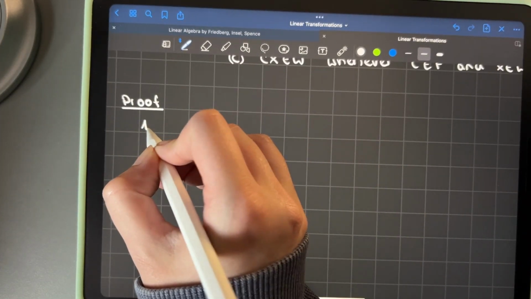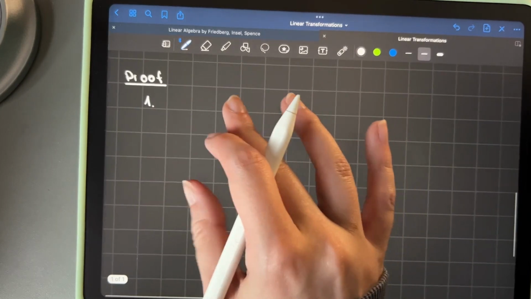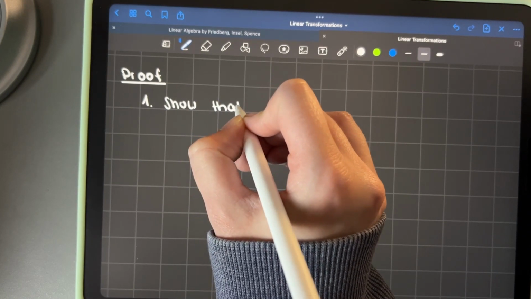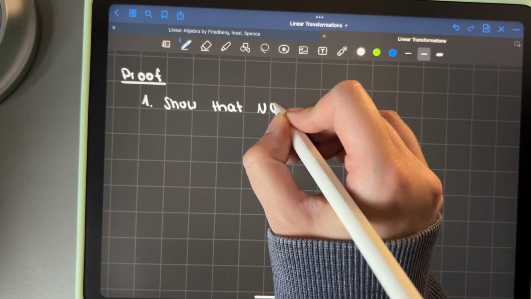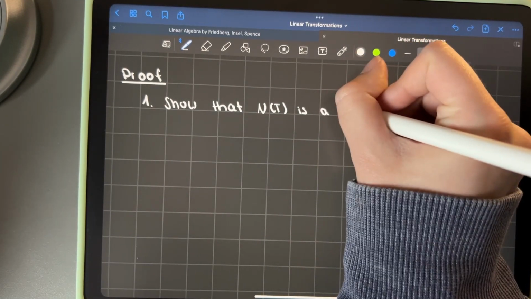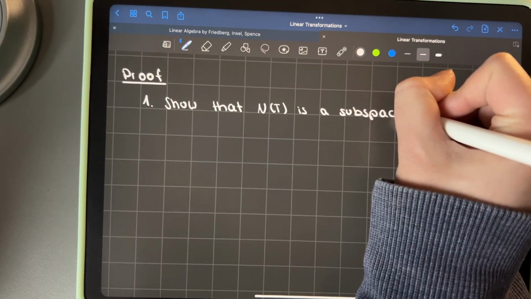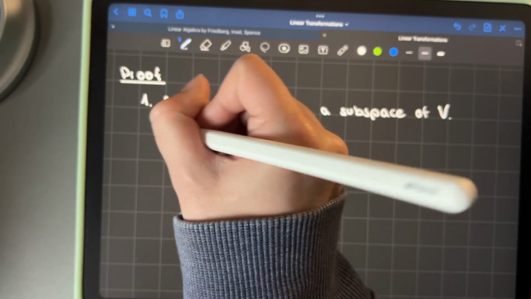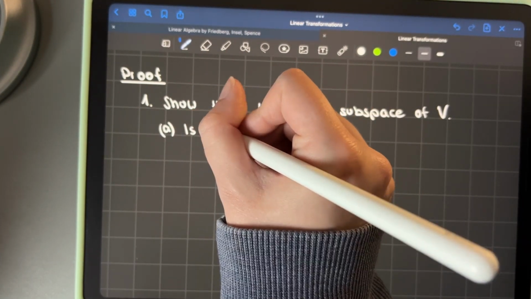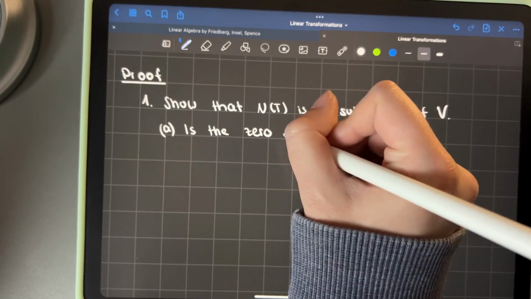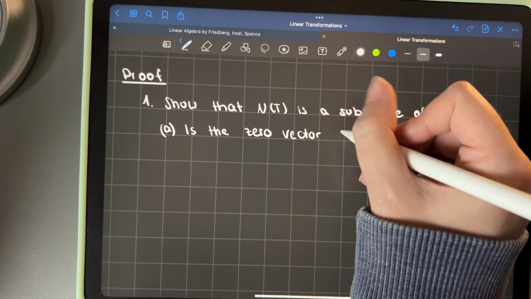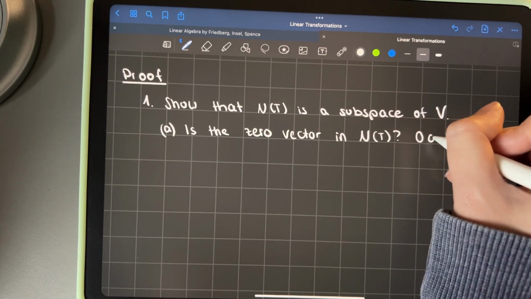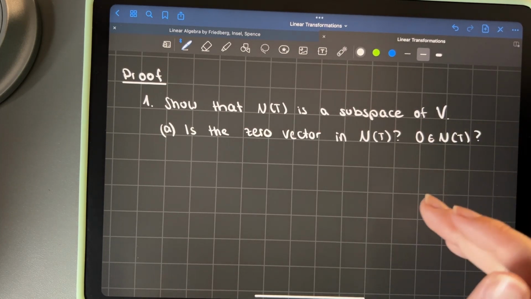First part. Show that the kernel is a subspace of V. Part A is the zero vector in N of T, also written as 0 in N(T).